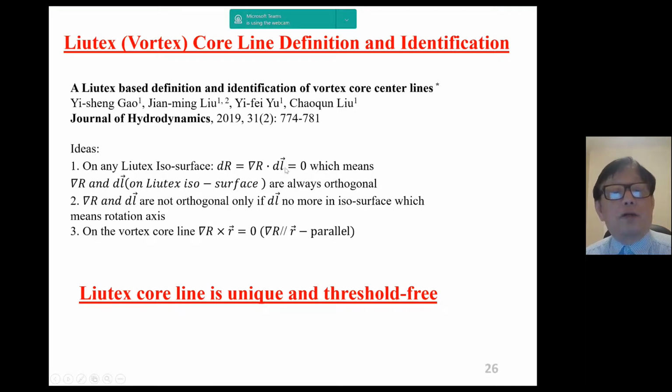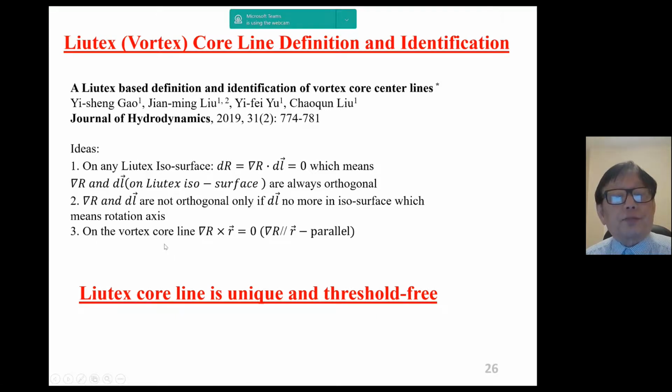The dot product is 0. However, they are not orthogonal only if the vector is no longer in the isosurface, which is the rotation axis. The rotation axis is not in the isosurface.